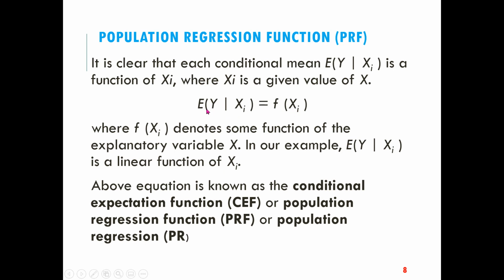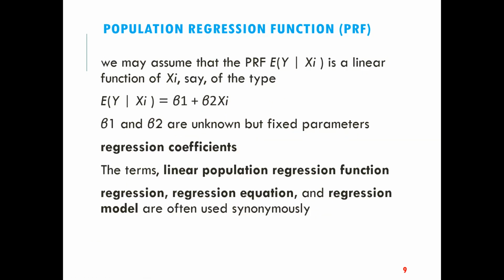That's why we have written that this conditional expectation is a function of x, right? So we can call this equation the conditional expectation function, or the population regression function, or simply population regression. These are alternative terminologies that you may come across, and all of these are used alternatively.